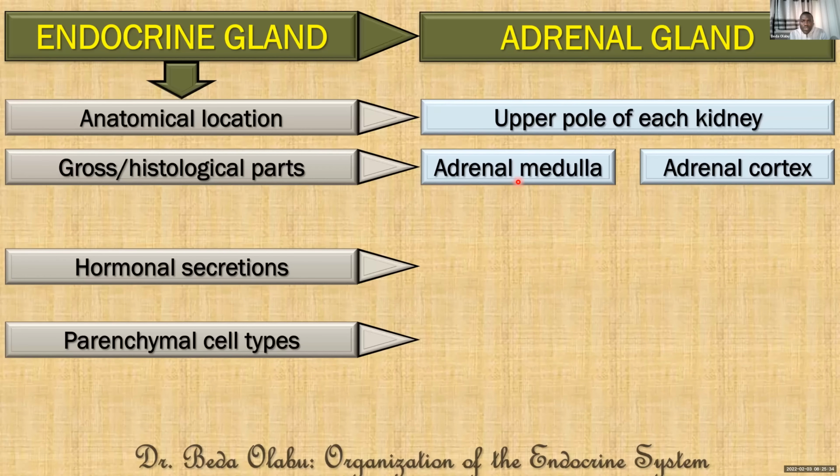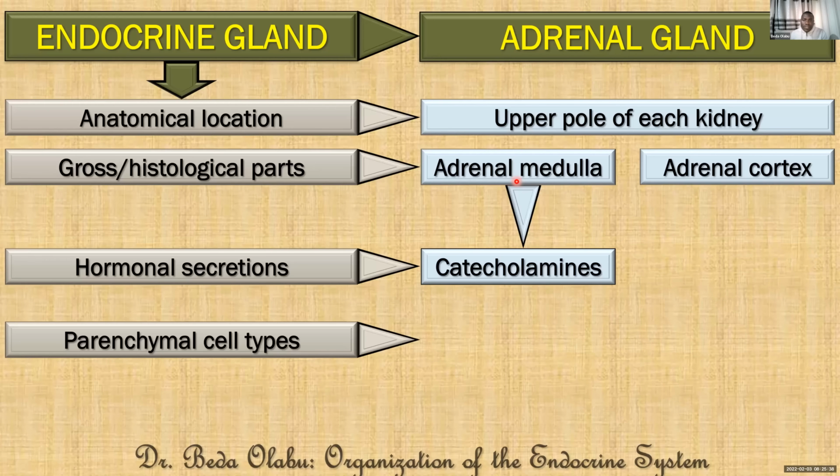The hormones produced by the adrenal medulla are the catecholamines. So this includes adrenaline primarily, but we can also add noradrenaline and dopamine. But the main one is adrenaline, which is also called epinephrine.